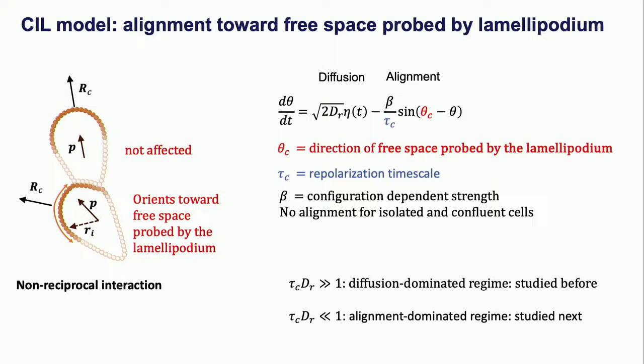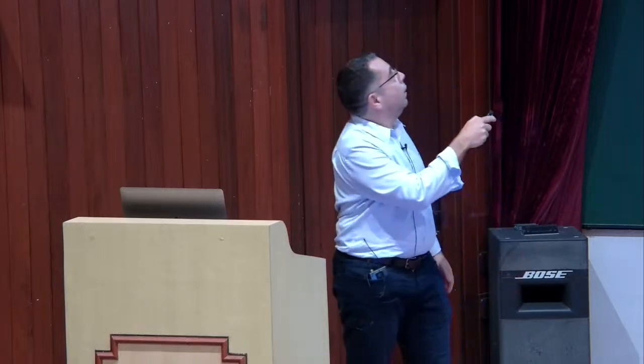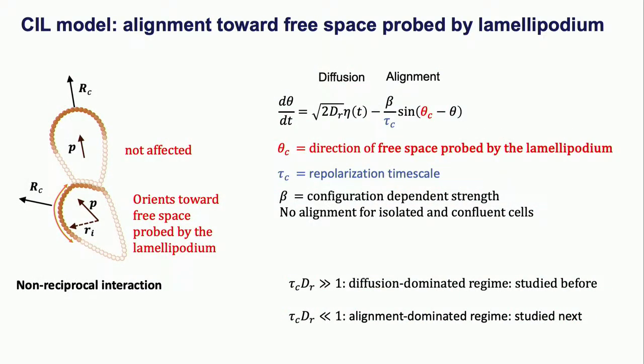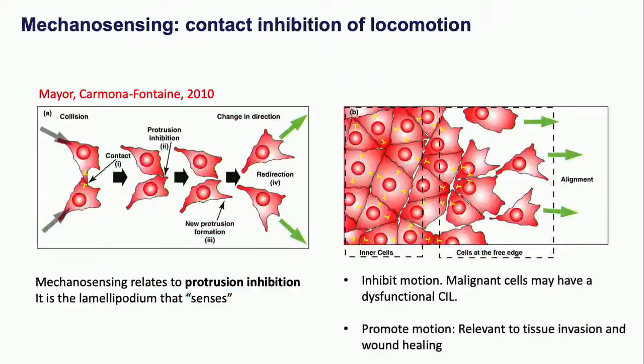So the direction of free space, all these other directions were also possible, for example the opposite direction. How do you choose which direction to take? Yeah, we did identify this vector, this R_C, as the free space that is probed by the molecules that are here represented in orange, and they are not in contact. So this is the free space probed by the lamellipodium. Why do we do that? Because contact inhibition of locomotion is doing exactly that.